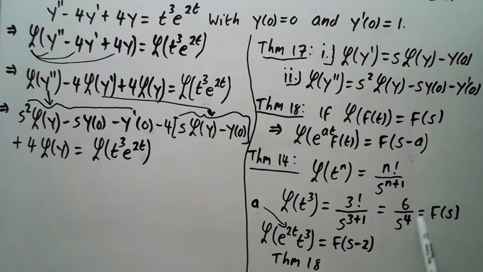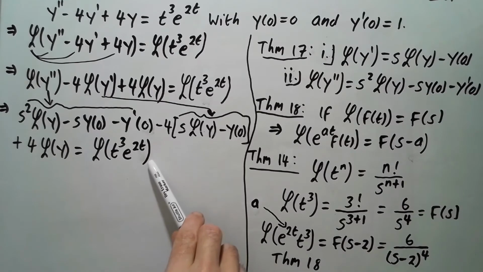And this is my big F here, 6 over s to the 4th. So we replace the s with s minus 2, so it's going to be 6 over s minus 2 to the 4th. Okay, so we get then the Laplace of e to the 2t t cubed is 6 over s minus 2 to the 4th. So that's going to go over here.